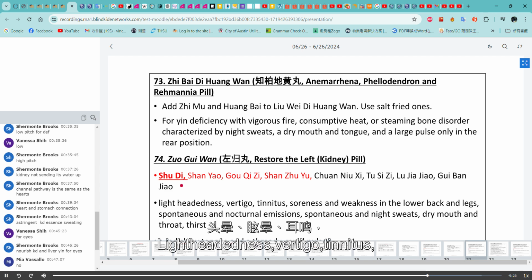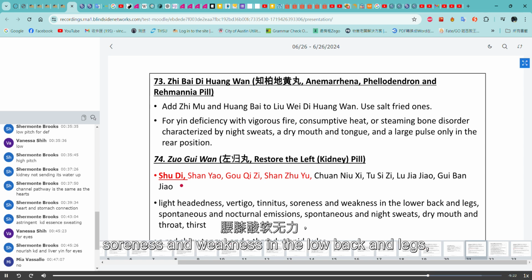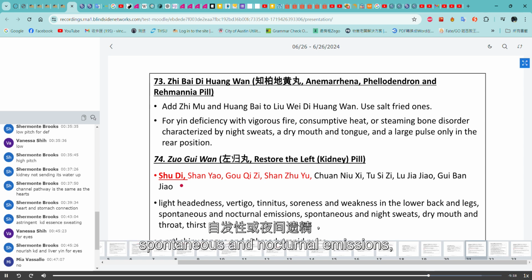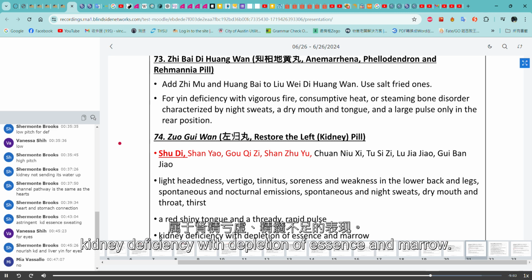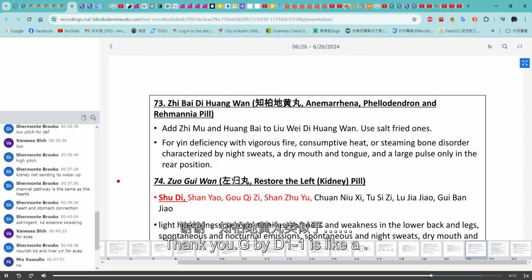Shu di, shan yao, gou qi zi, shan zhu yu, chuan niu xi, tu si zi, lu jiao jiao, gui ban jiao. Lightheadedness, vertigo, tinnitus, soreness and weakness in the low back and legs, spontaneous and nocturnal emissions, spontaneous and night sweats, dry mouth and throat, thirst, a red shiny tongue, and a thready rapid pulse, kidney deficiency with depletion of essence and marrow.